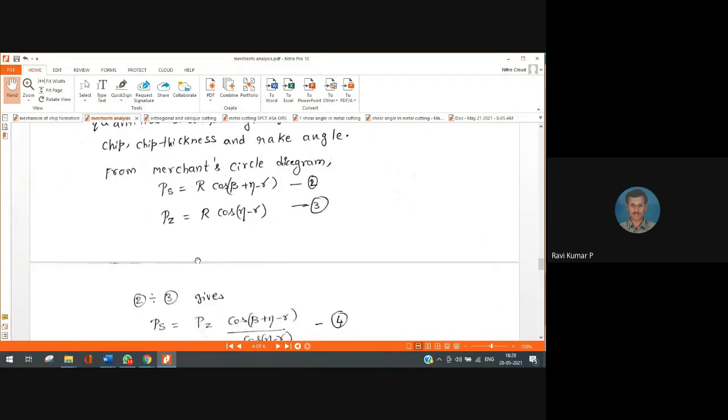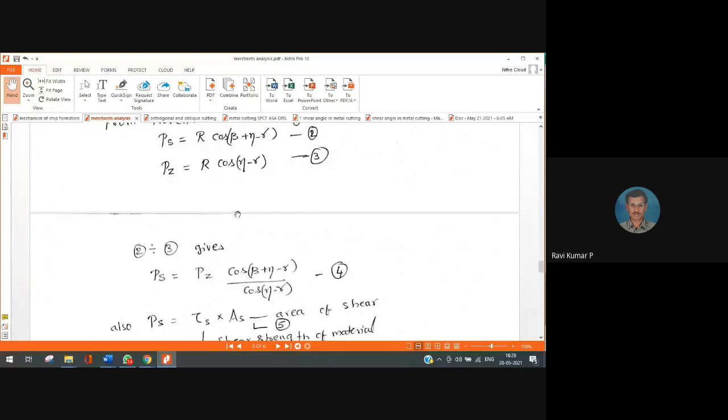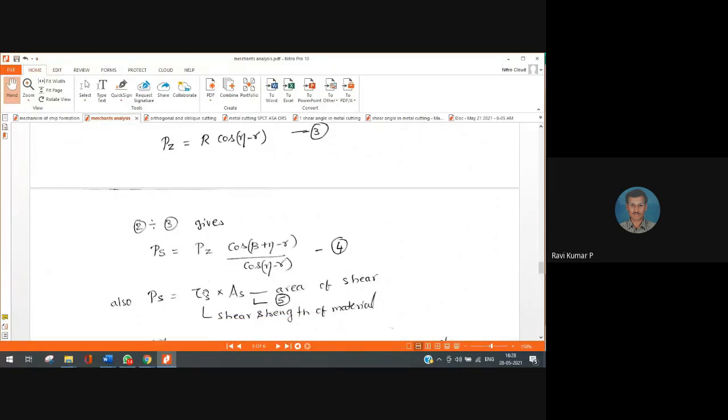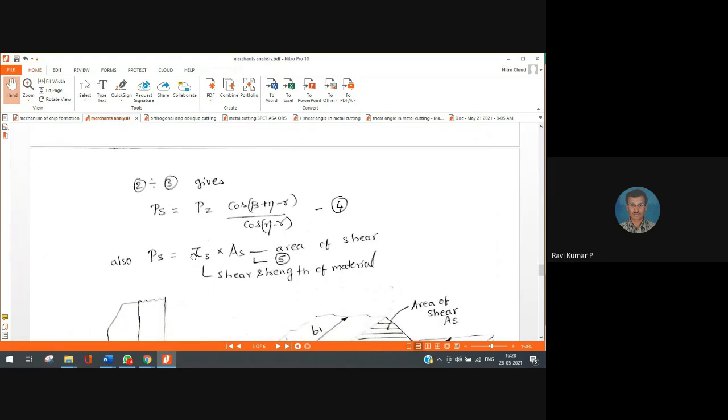If I divide one by another, I will be eliminating the symbol R. R is eliminated, the resultant force is eliminated.